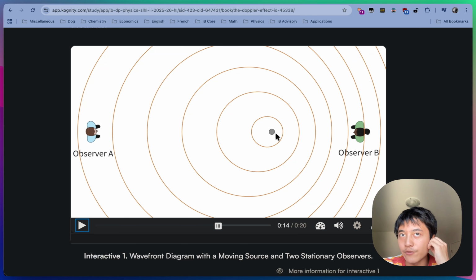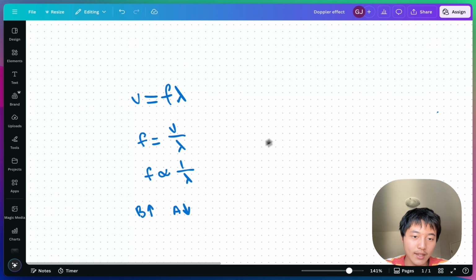And this is very interesting because the frequency of the source is the same, but it's because it's moving that the frequency is different. For sound, a higher frequency means a higher pitch.